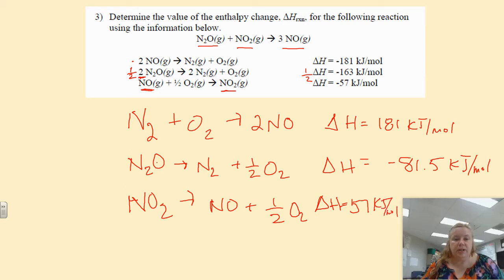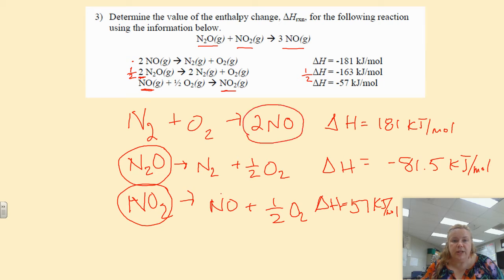So let's go through here and find out what we have and what we need to get rid of. We've got our NO2 on our reactant side. On our product side, we need 3 NO, and there's 2 here and 1 more here. So now we just have to get rid of the rest.